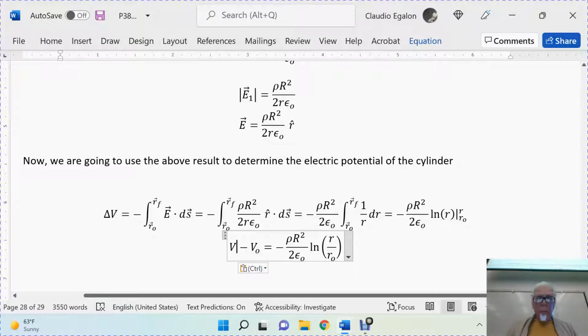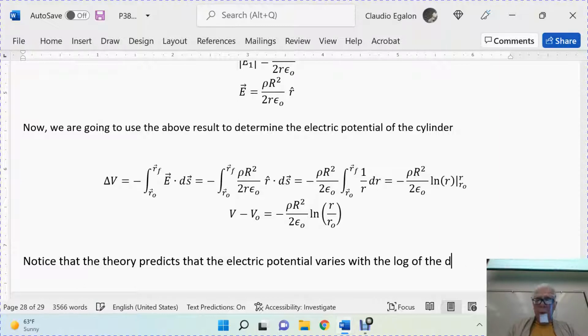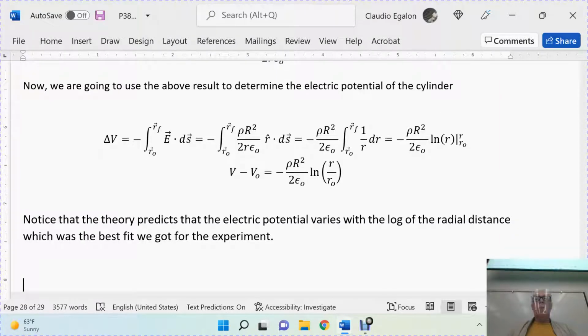That's why you got the best fit for the log, because the theory notes that the theory predicts that the electric potential varies with the log of the distance, of the polar coordinate, of the radial distance, which was the best fit we got for the experiment.